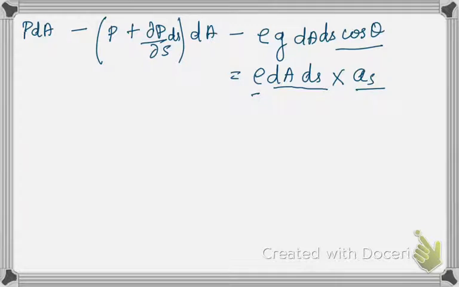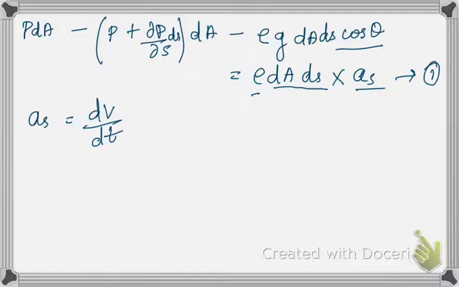So what is this as? As is acceleration, and generally we denote acceleration as change in velocity by time, so I can write as is equal to dv by dt. Here v will be a function of s and t, that is, the fluid particle is moving in the s direction, and for different time durations it is moving on. So v will be a function of s and t.